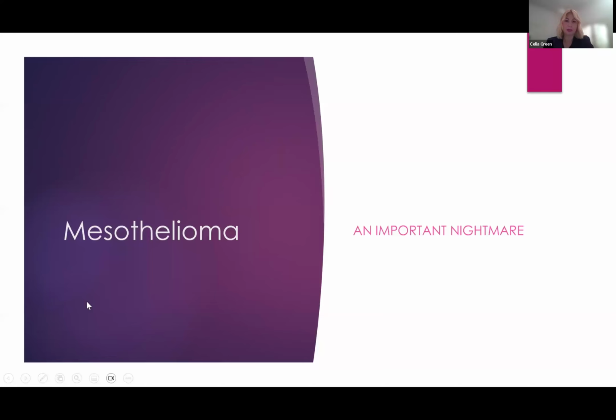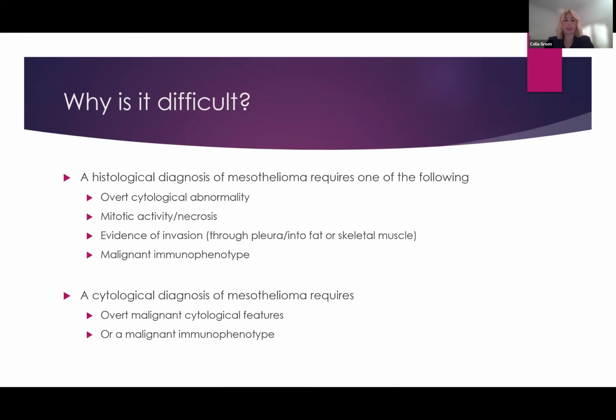So mesothelioma is an important nightmare. So why is it so difficult for pathologists? It requires one of the following. So on histology, it requires overt cytological abnormality and mitotic activity. In other words, it has to look malignant. It needs otherwise evidence of invasion. So if you have a bland looking mesothelioma, you can get evidence of invasion through the pleura.